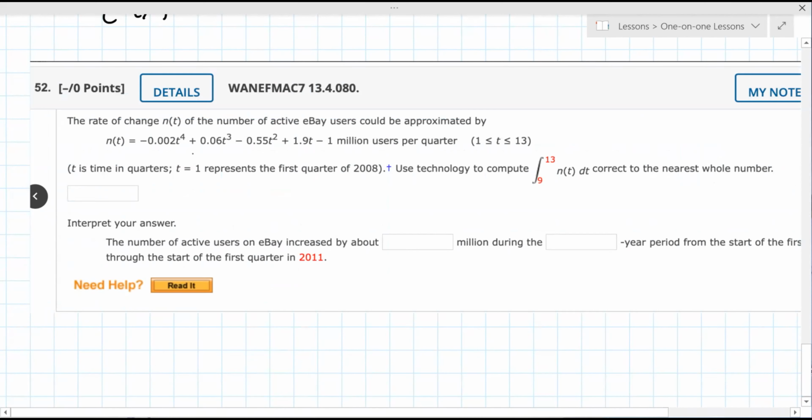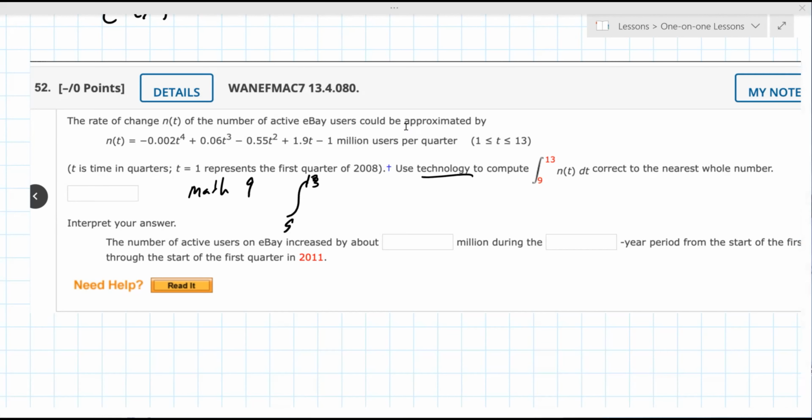Use technology. When it says use technology, that means you're going right to your calculator. What you're doing here is using your math 9 to do this integral, and it's going to be the integral from 9 to 13. And you've got to grab this function up here.